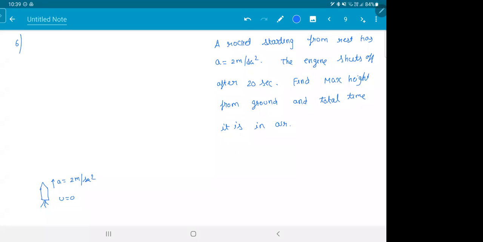So you mean to say the rocket will stop there? Think. These are the last problems we did in kinematics. Once the engine shuts off, the rocket won't stop. Try. I'll give you 4 minutes.